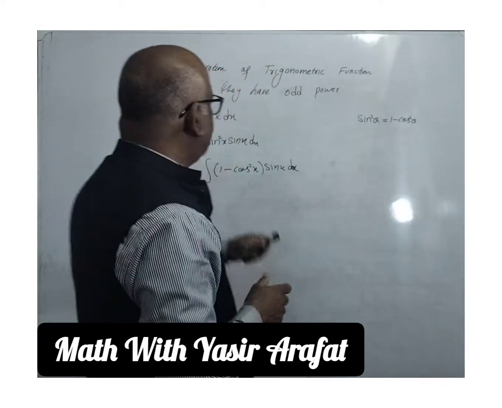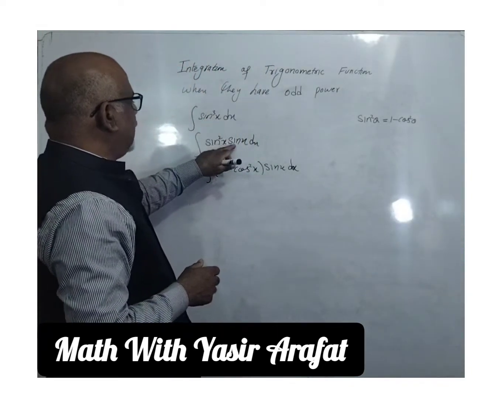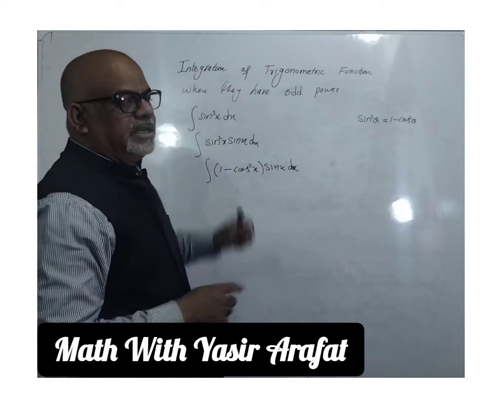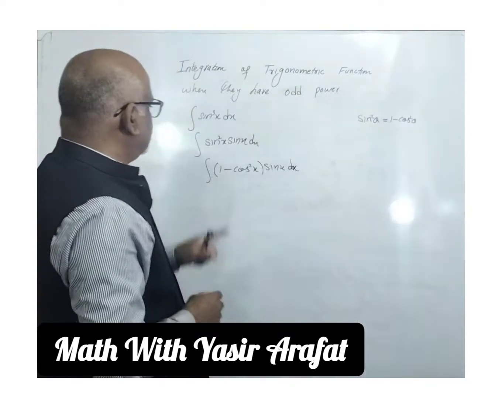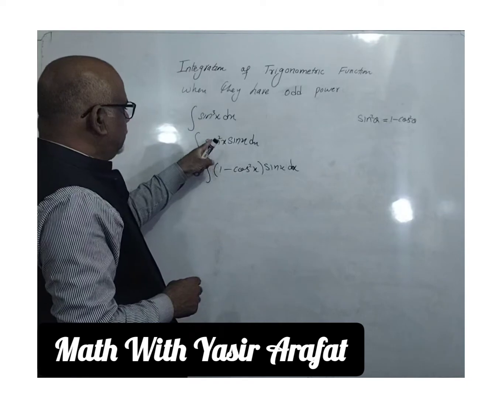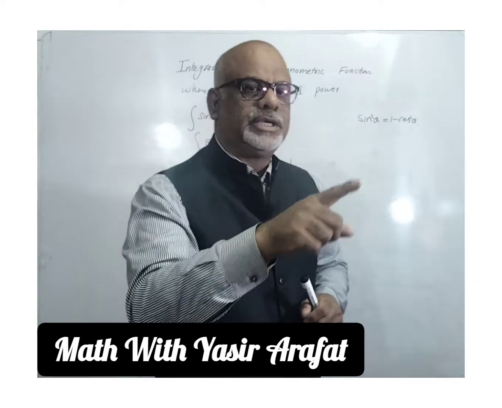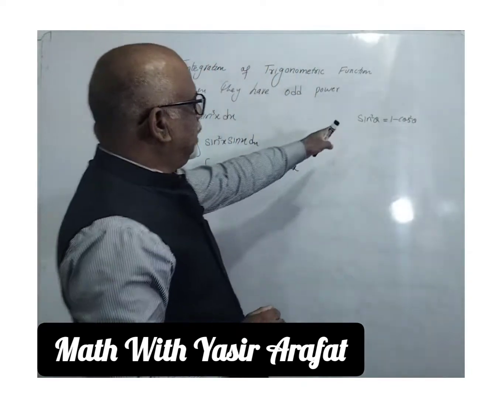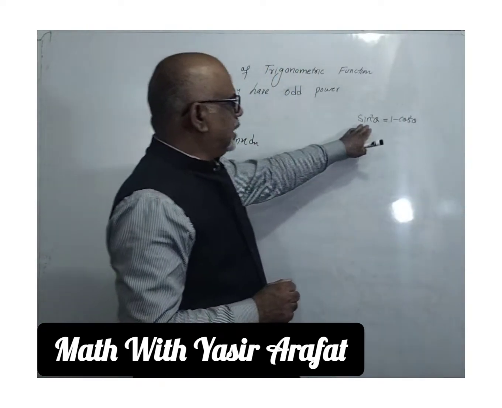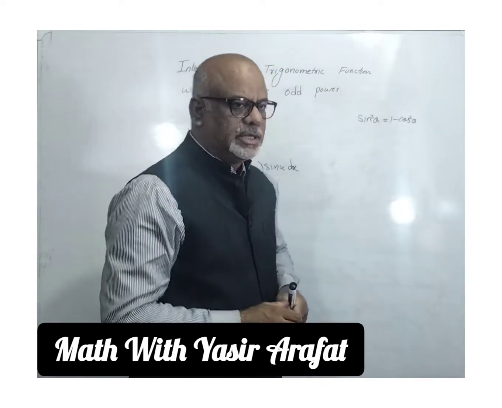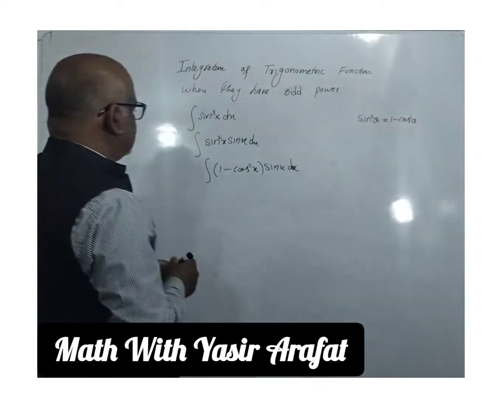We have the odd power here. The first step is to separate the linear function. Then the even power function we have to change to its relative formula: sine square theta equals 1 minus cos square theta, whatever the angle given to you.